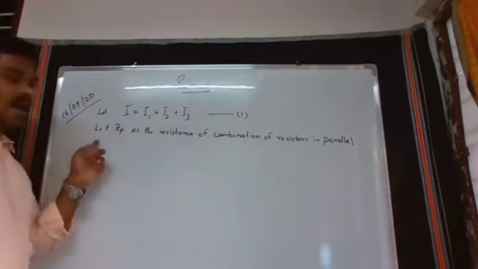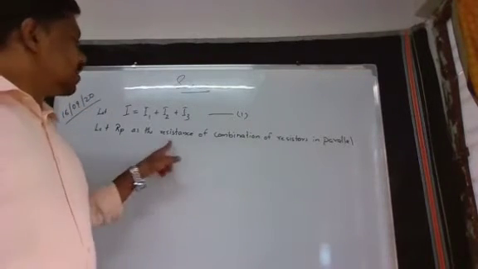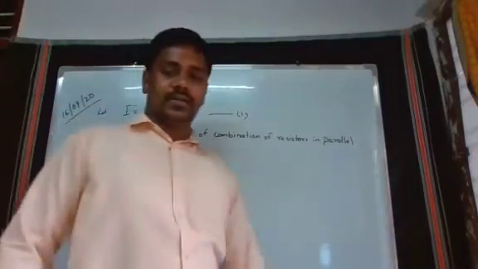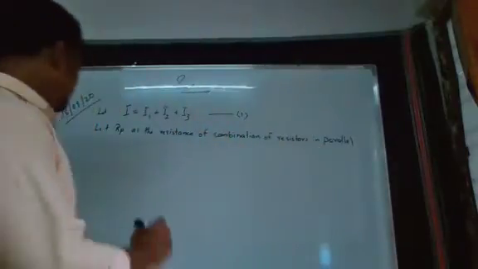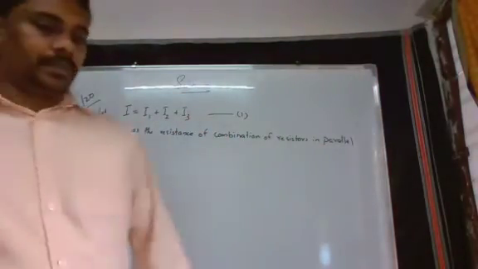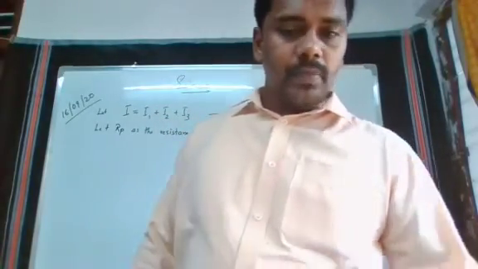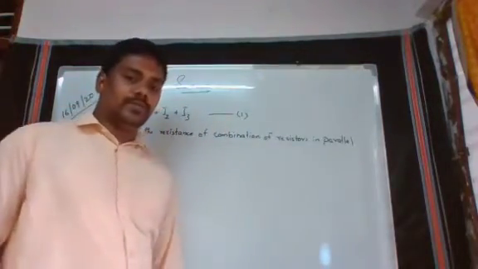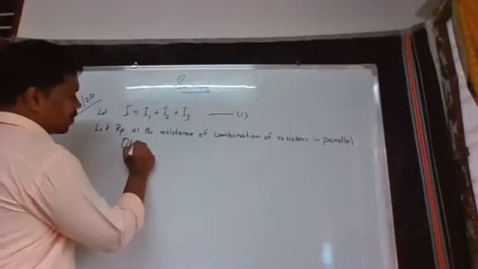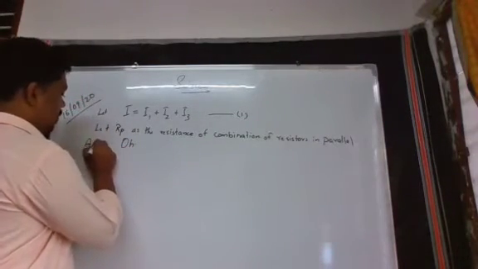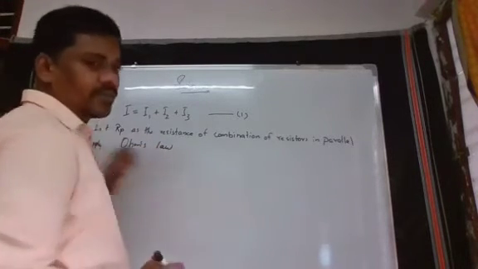There is a combination of resistors and it is connected in parallel, so we have taken it as RP. Then we are going to apply Ohm's law.